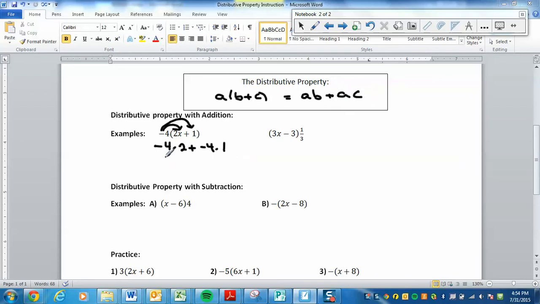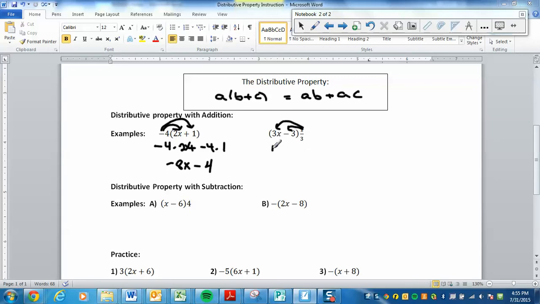Okay, and then simplify. So -4 times 2x is -8x, and -4 times 1 is -4. Okay. It doesn't matter which side the number is on the parentheses. I can distribute it either way. So in this next example, I've got 1/3 times 3x minus 3.